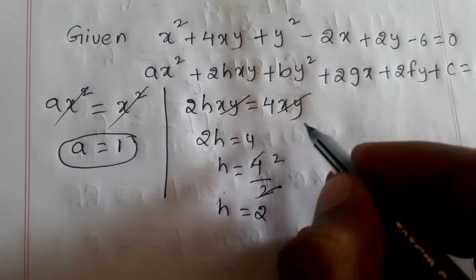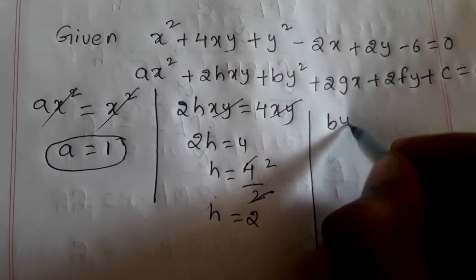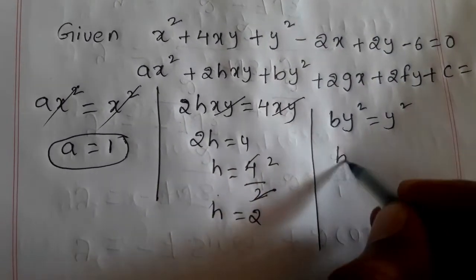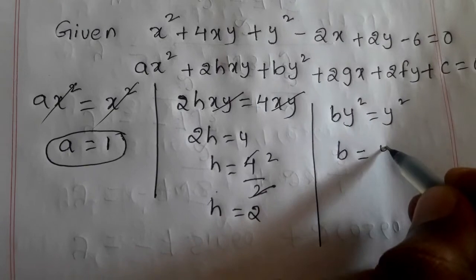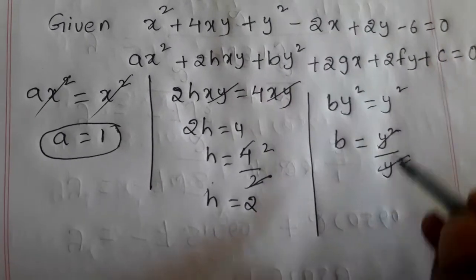Next, similarly you calculate the b value. by square is equal to y square. b is in multiplication with y square, so it goes to the right side. y square by y square cancel, b value is 1.